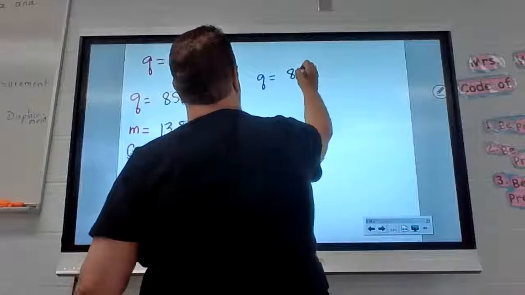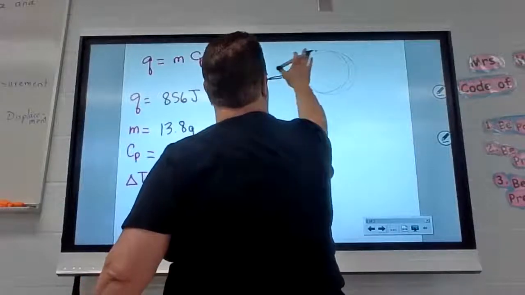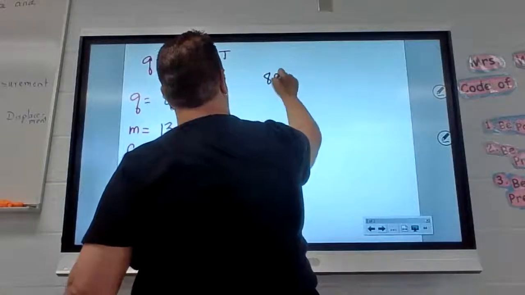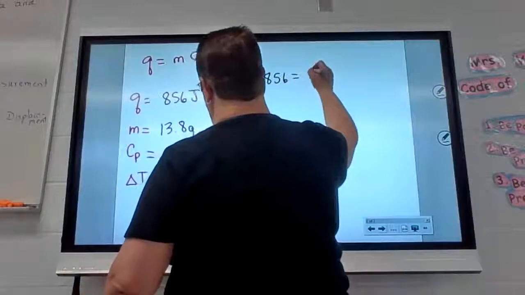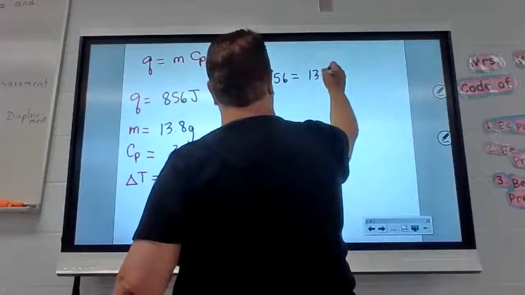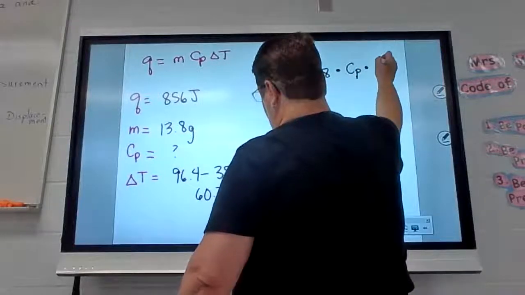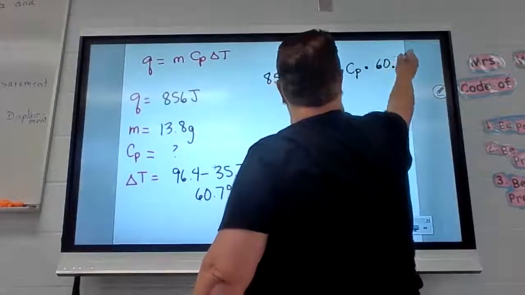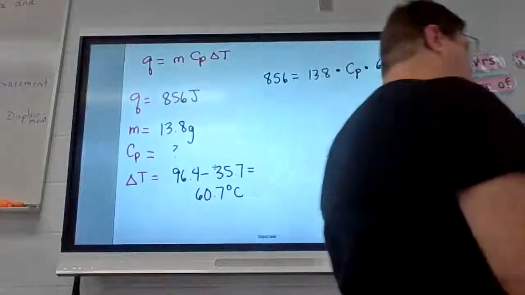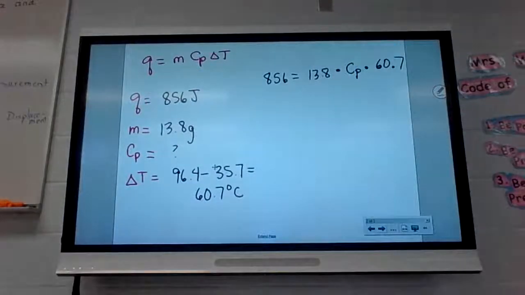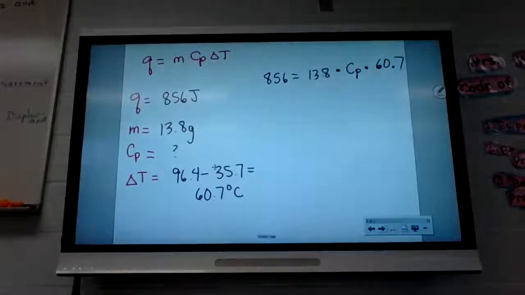So 856 is Q equals my mass, which is 13.8, CP and 60.7. Now, we did not do one of these on Friday. So if you're sitting in math class and you need that CP or that X by itself, what do you have to do to get it? Isolated. Okay, so how can we do that?